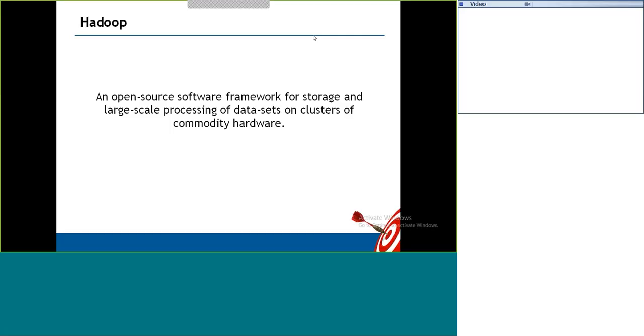But Apache is completely open source. A lot of commercial distributions are available in the market, like Cloudera distribution, Hortonworks distribution, MapR distribution, IBM BigInsights, and then Greenplum. Even though they are available, they charge for the enterprise edition.